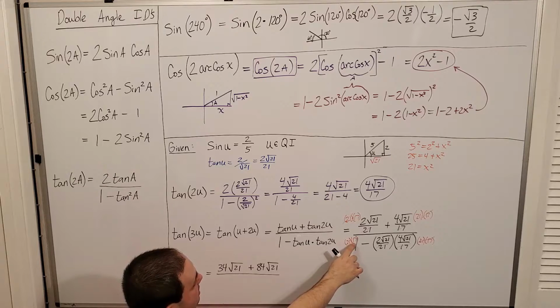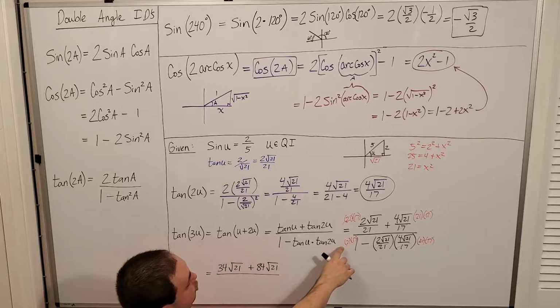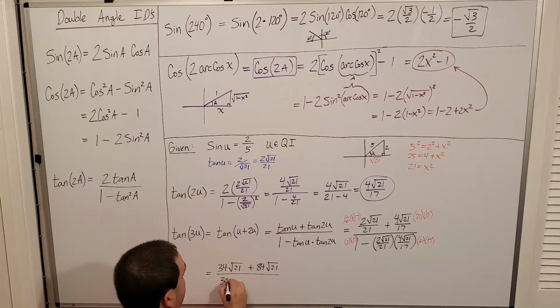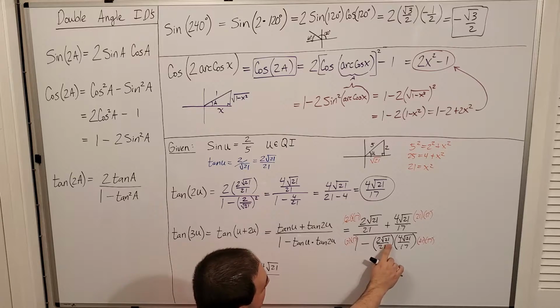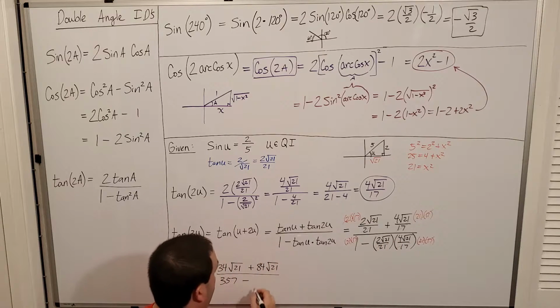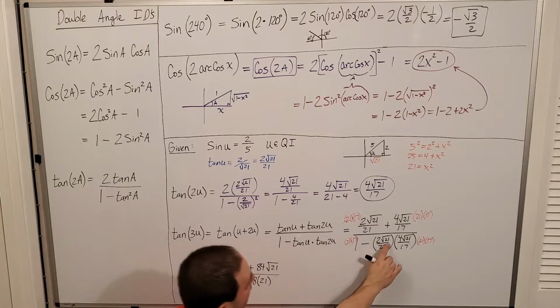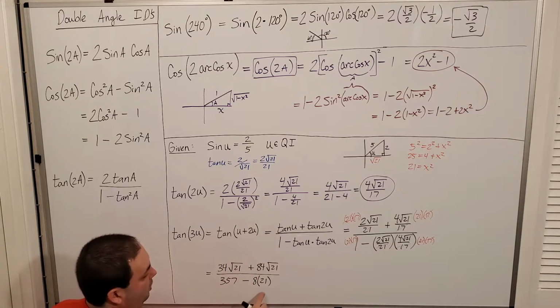Let's see, that's going to be 210 plus 147. So 210 and 147 is 357. 357 minus, now right here, all I'm getting is 2 times 4, which is going to be 8, times 21, because square root of 21 times square root of 21 is going to give me 21.